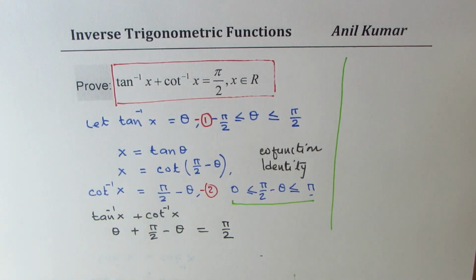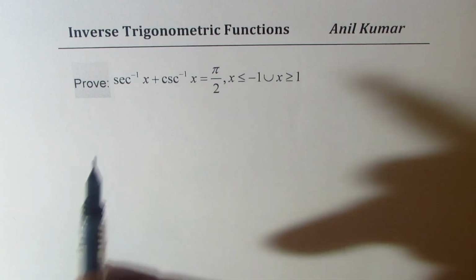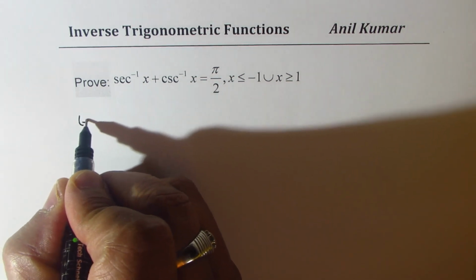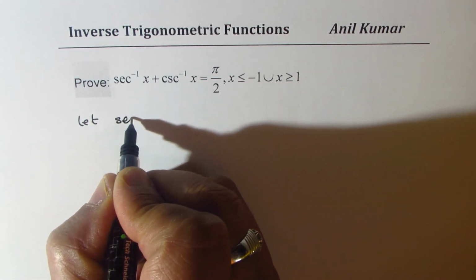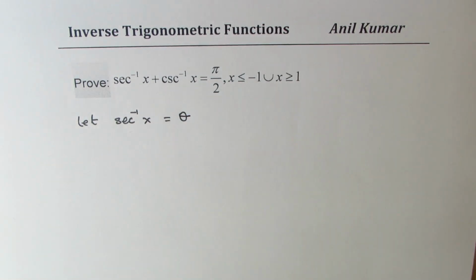Now let's move on and do the same for secant inverse and cosecant inverse x. We'll follow exactly the same method. So let secant inverse x be equal to theta.